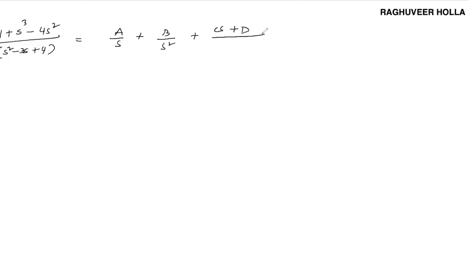Now 1 plus s cube minus 4s square divided by s square into s square minus 3s plus 4 is equal to a by s, plus b by s square, plus cs plus d divided by s square minus 3s plus 4. Okay, so we get the values of a, b, c, and d.